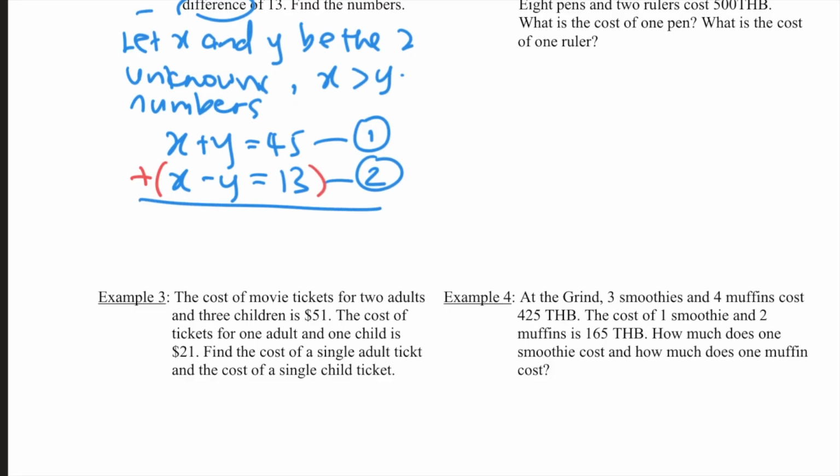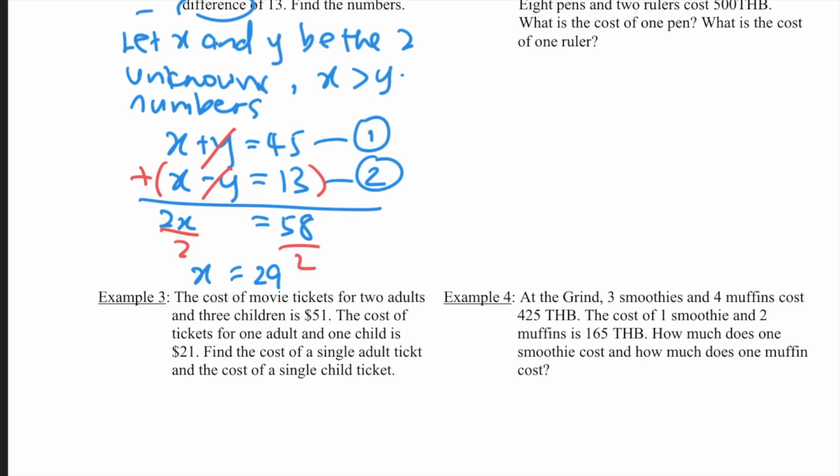You can see that x and x add up to give you 2x, and y crosses out, and on the right hand side I'm going to have 58. So very nicely I've eliminated y, and I divide both sides by 2. I will end up with x equals 29.